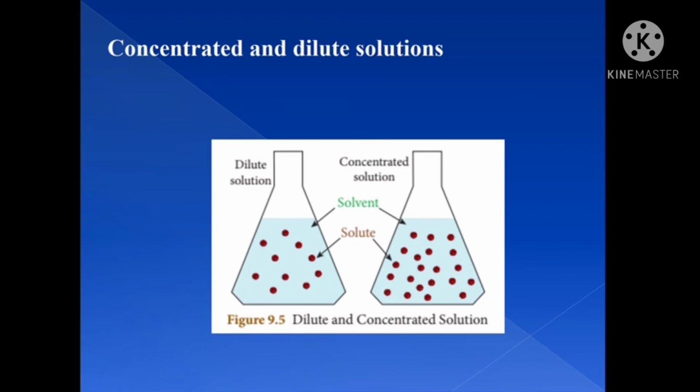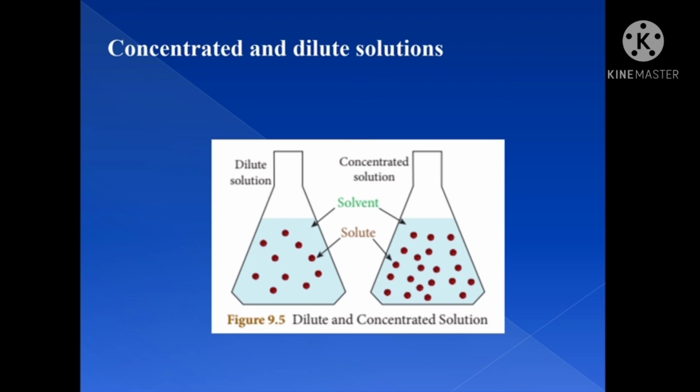Next terms are concentrated solutions and diluted solutions. This is one kind of classification of unsaturated solution. An unsaturated solution is one that contains less solute than the saturated solution.